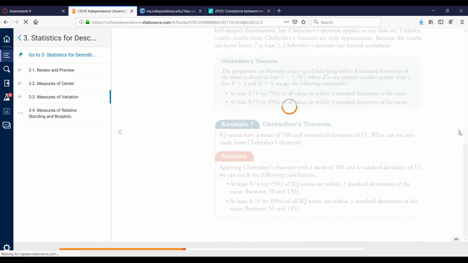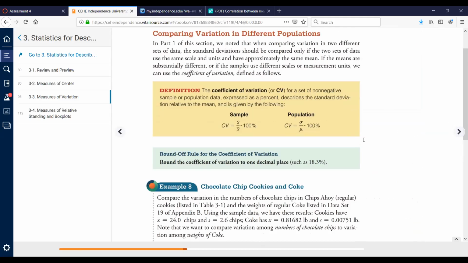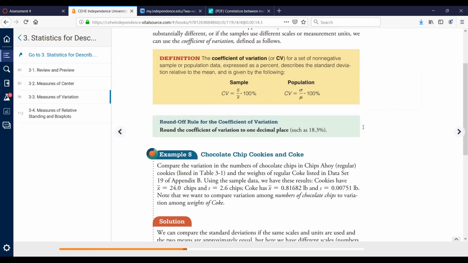Let's keep going here and talk again about the coefficient of variation, something you're going to have to do in the final. It is calculated simply by dividing the sample standard deviation by the mean of the sample.